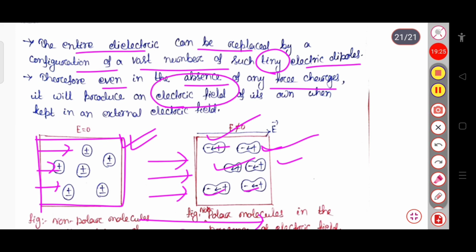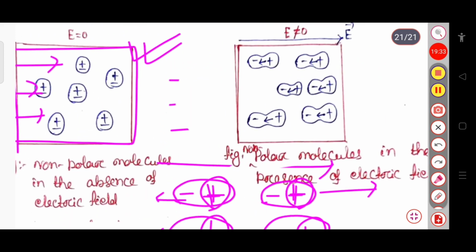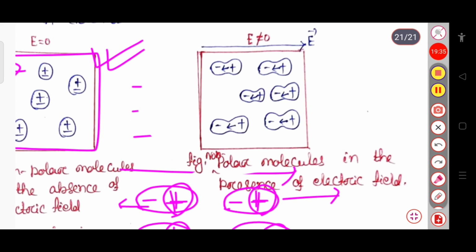Here you can see that in case of the non-polar molecules, when we apply some external electric field, these tiny electric dipoles will exert their own electric field. Here I have given the direction.